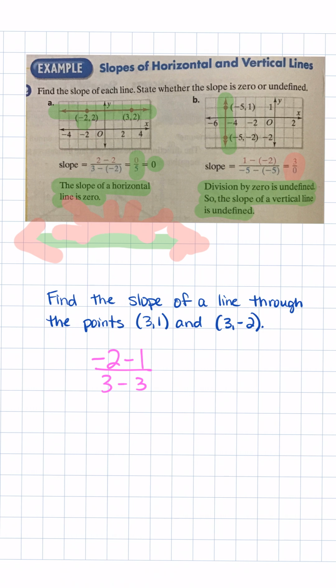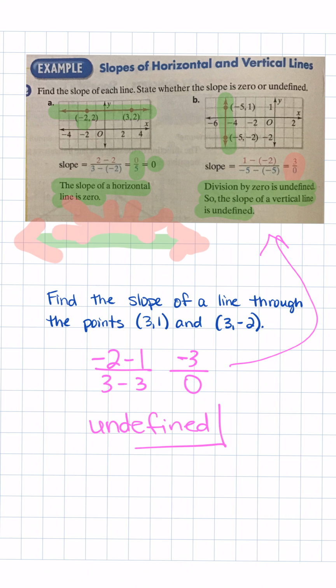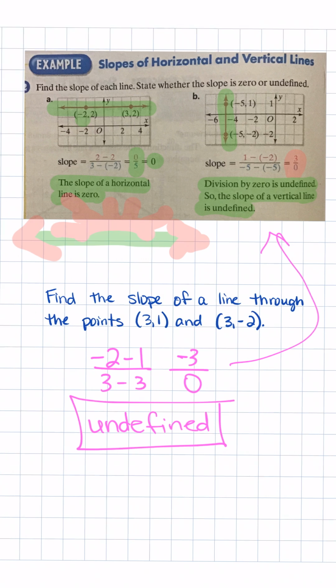So -2 minus 1, -3 over 0. We said if 0 is on the bottom, it is undefined.